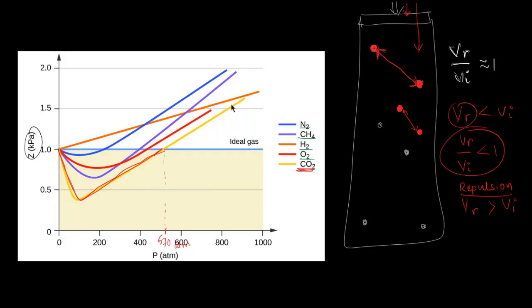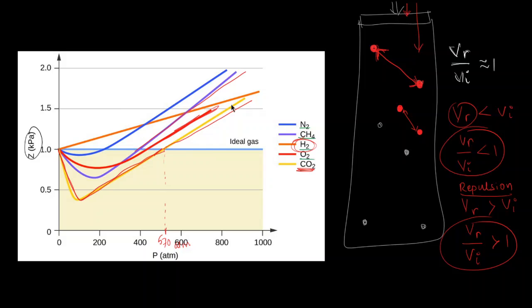And so what that means is that eventually, after a certain threshold, VR over VI will be greater than 1, and that's what you see for these gases. After reaching a certain threshold, they all have a value of Z greater than 1. For a gas like hydrogen, repulsive forces are the only forces that are dominant.